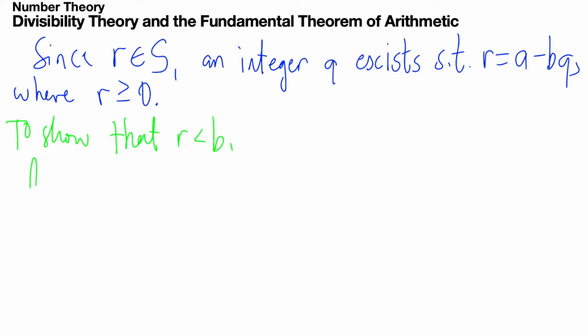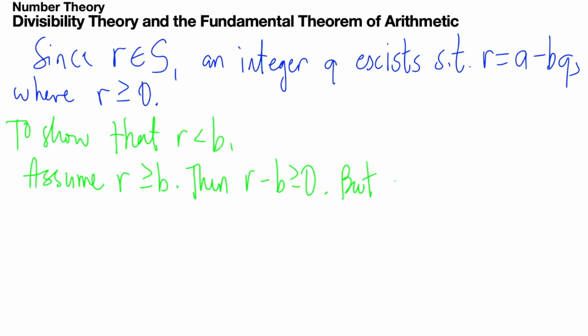So assume that R is greater than or equal to B. Then R minus B is greater than or equal to 0, by transposing B to the other side. But R minus B is equal to A minus BQ minus B, since we know that R is equal to A minus BQ.